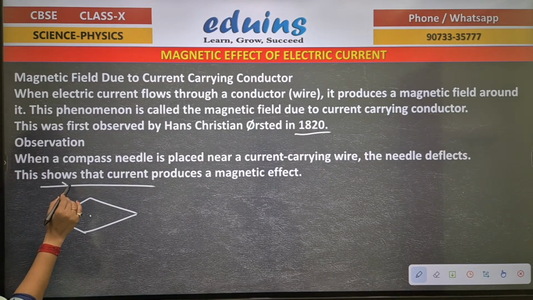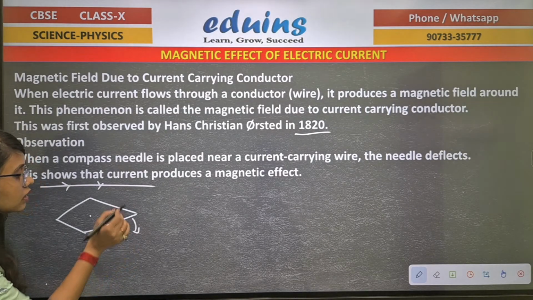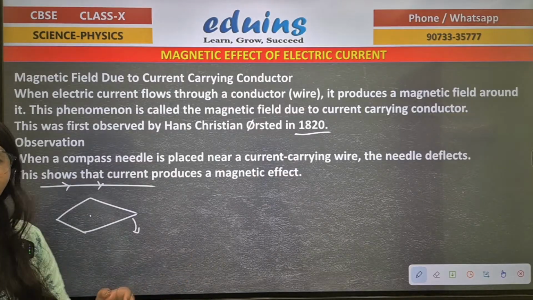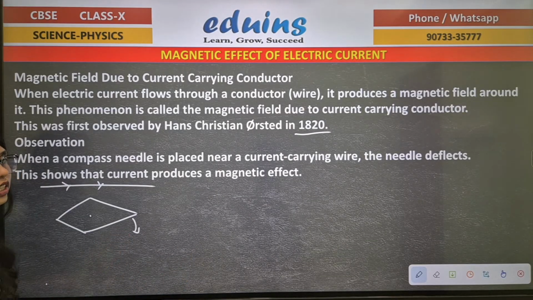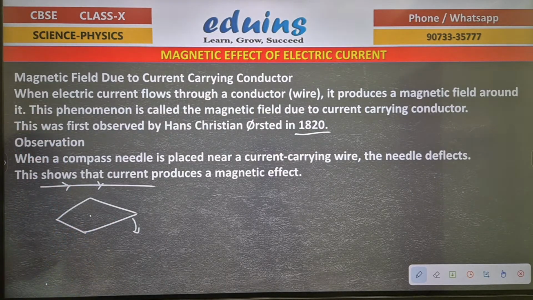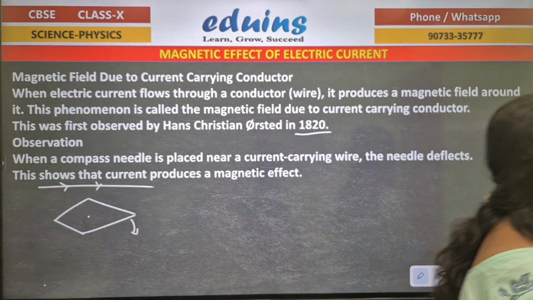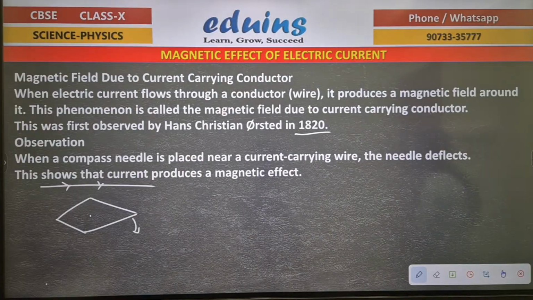When he passed the current through the conductor, he observed that the north pole of the magnetic needle deflected outwards. From there, he concluded that there must be some relation between electricity and magnetism, and that a magnetic field must be present at the side of the current carrying conductor.